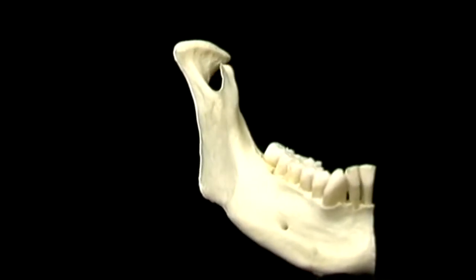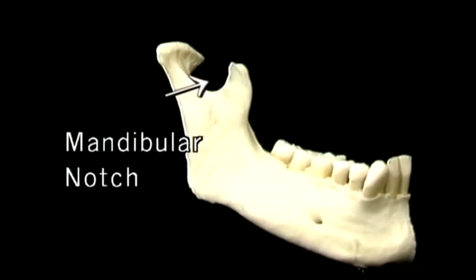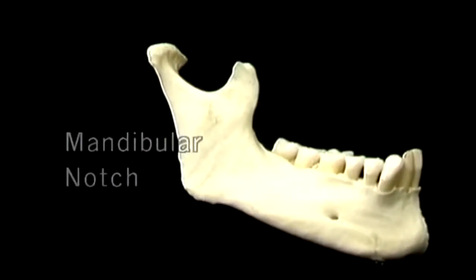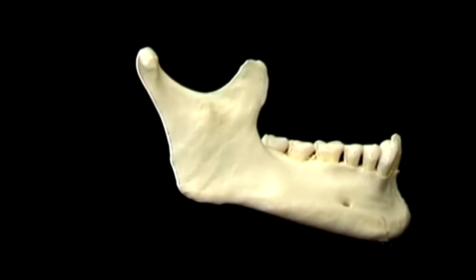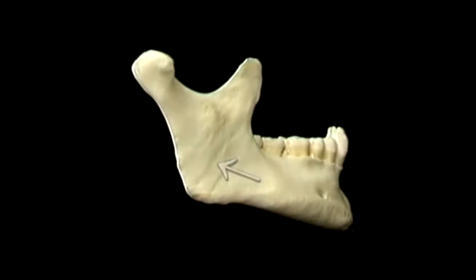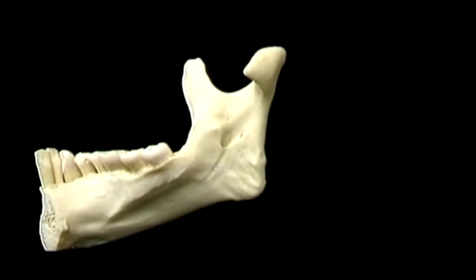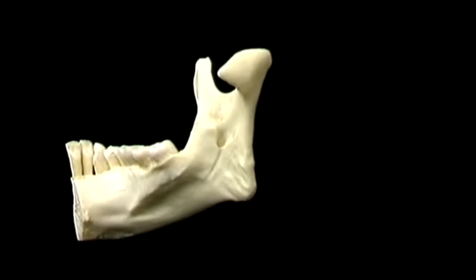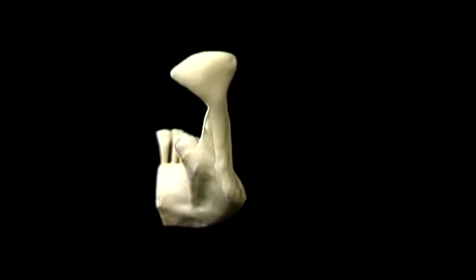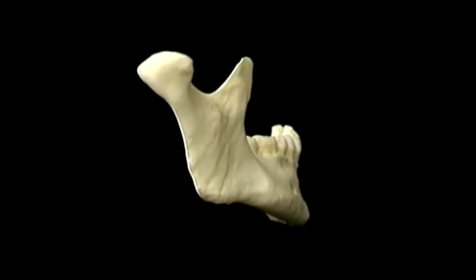The dip between the coronoid process and the condyle is the mandibular notch. The angle of the mandible is roughened on the outside and on the inside by the insertions of a matching pair of muscles, the medial pterygoid on the inside and the masseter on the outside, which we'll see shortly.